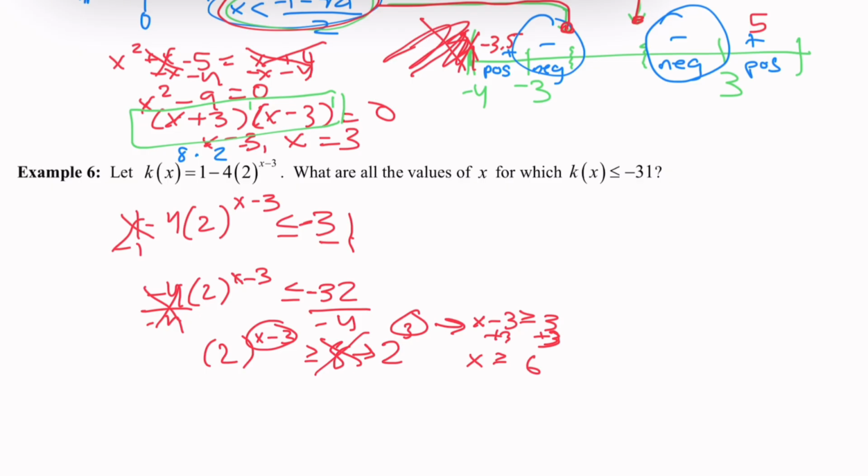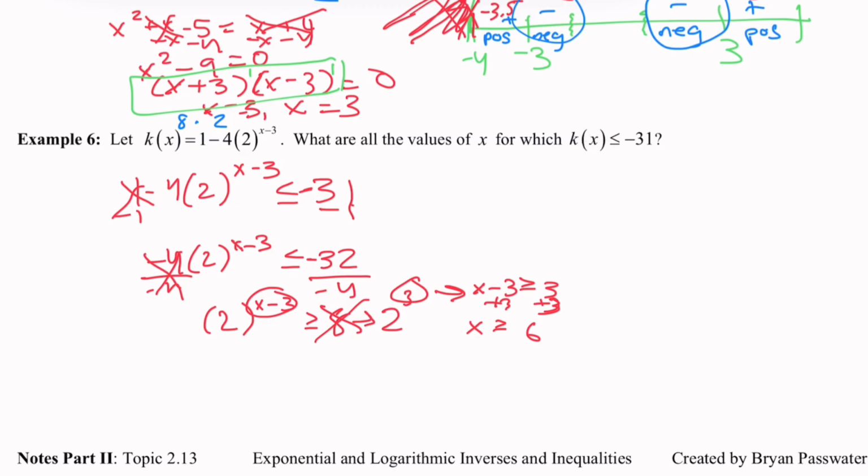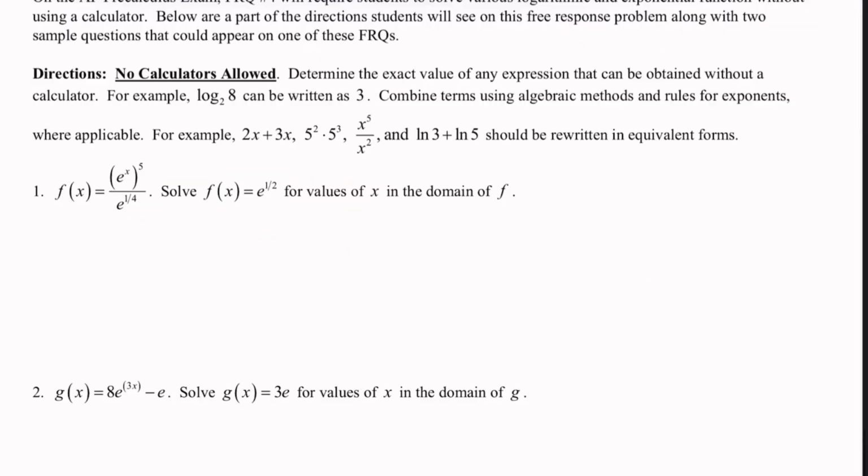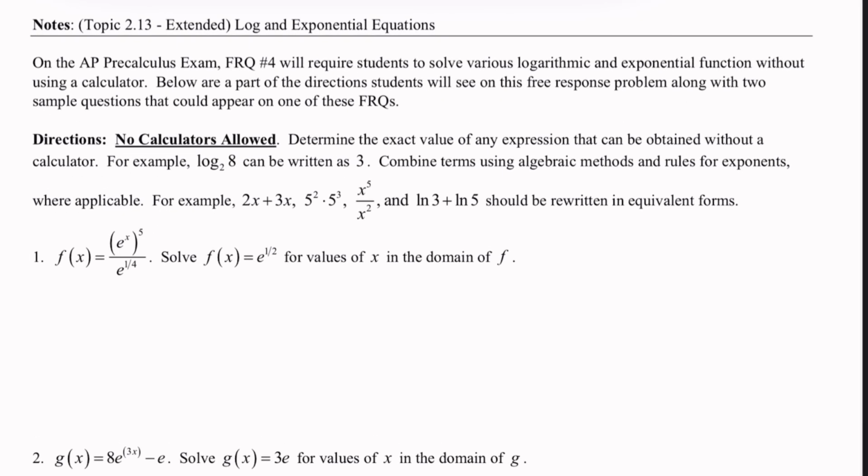The x values are going to be greater than or equal to 6 for when the y value is less than or equal to -31. So to change this into the parentheses form, we know it can be equal to 6, so we do the bracket and then it goes greater than 6, so it goes to infinity. So that's our answer.